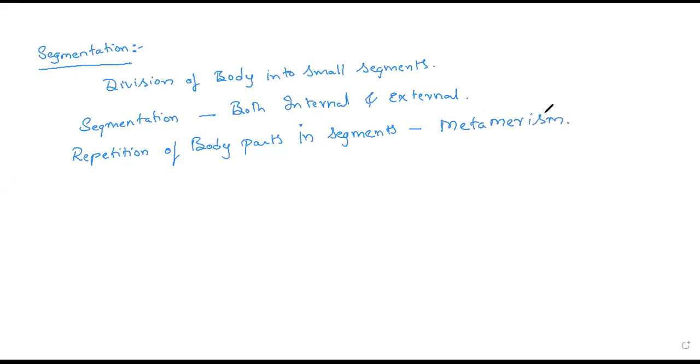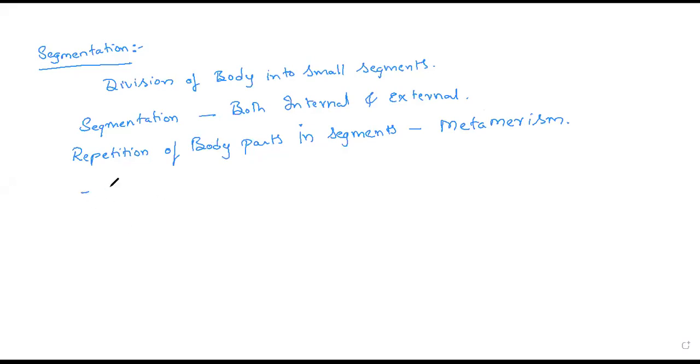If the body parts are repeated in all the segments, for example in the earthworm, it exhibits true metamerism. In the earthworm, the digestive system is present from the first segment to the last segment. That is called metamerism.